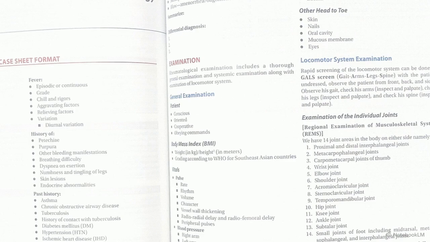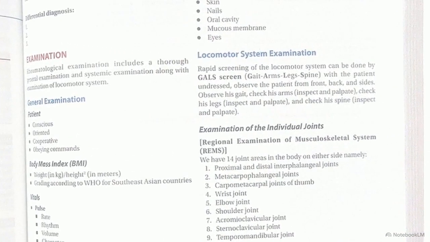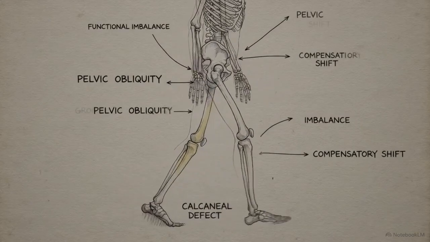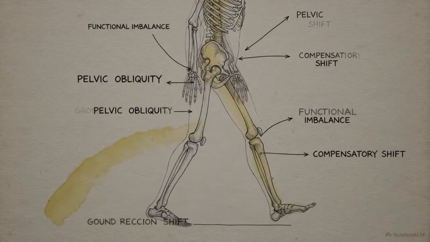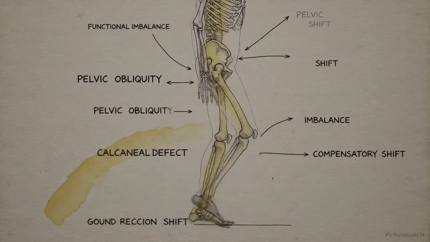Once the verbal history establishes the primary branch, the evaluation shifts to the physical body. This text outlines the locomotor system examination, initiating with a rapid functional screening called GALS: gait, arms, legs, and spine. Assessing the gait reveals subtle mechanical compensations. How the foot strikes the floor or the pelvis shifts exposes structural defects the patient hasn't noticed.